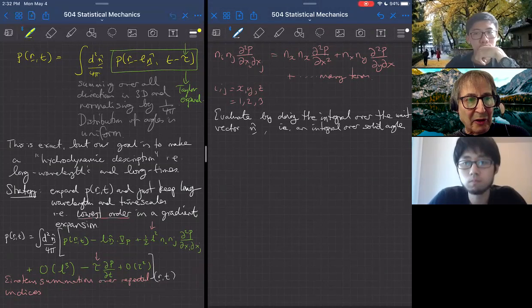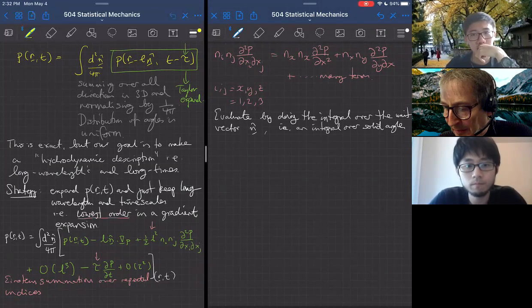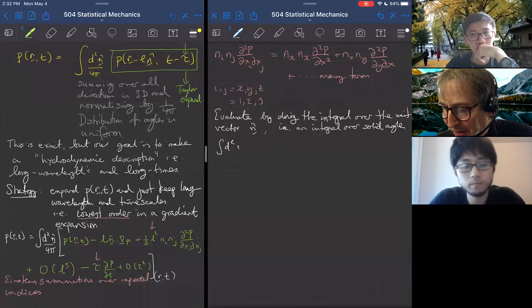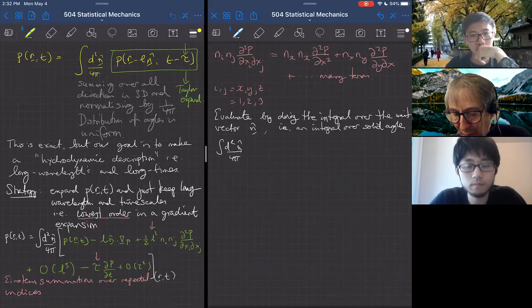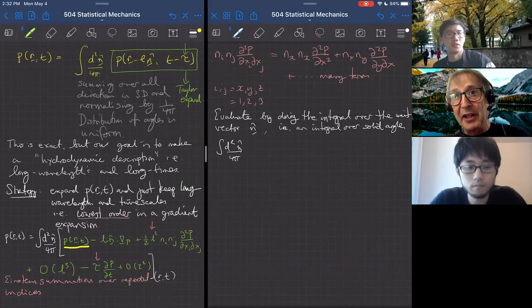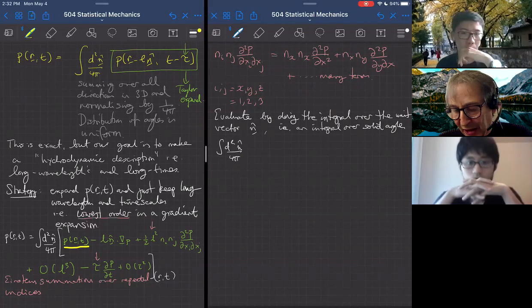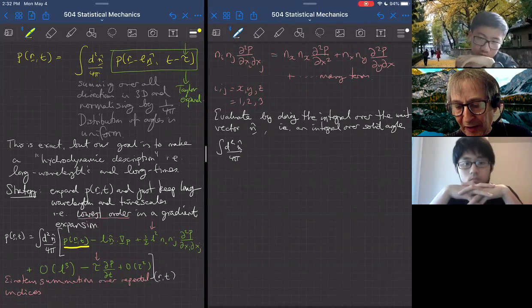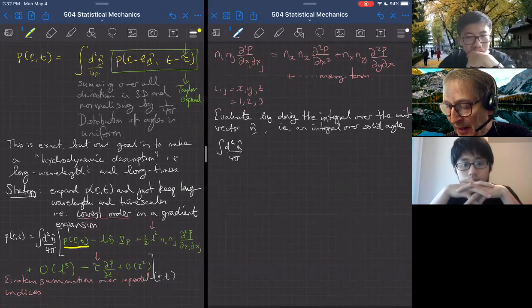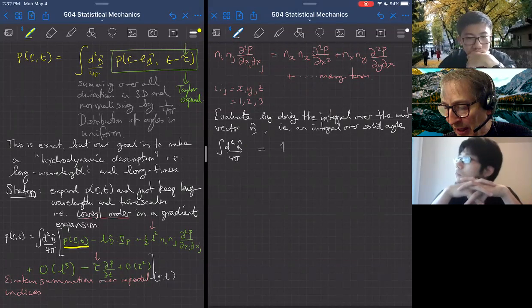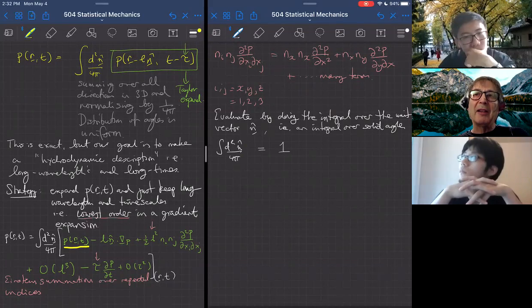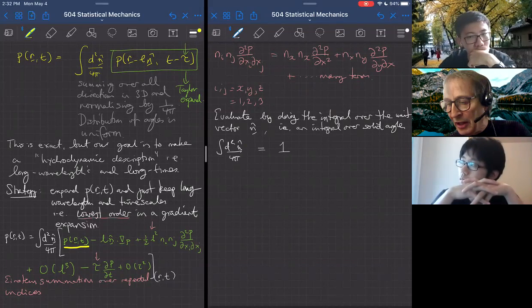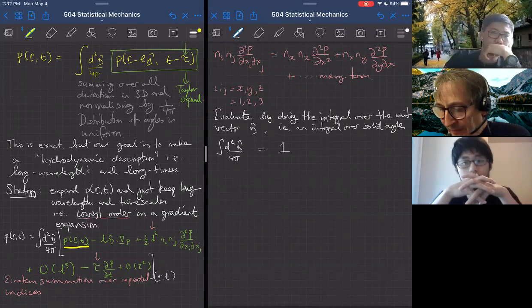So let's have a look at what the different terms are. So there's the first term, integral d2n over 4 pi. And what is that integral? So that one comes just from here. So this term over here does not involve n at all. And so therefore, P of r and t is just a constant as far as the integral over n is concerned. And this one is designed to be 1. Okay, this is the integral over all possible angles, normalized by the number of possible angles, and so we simply get 1.